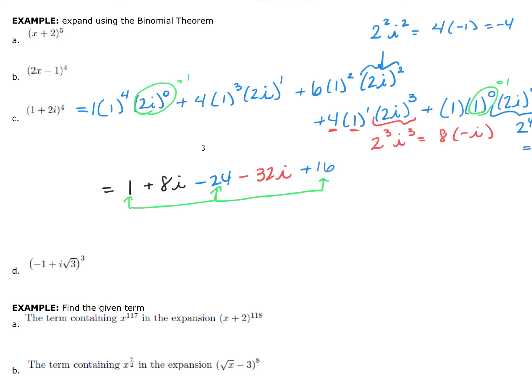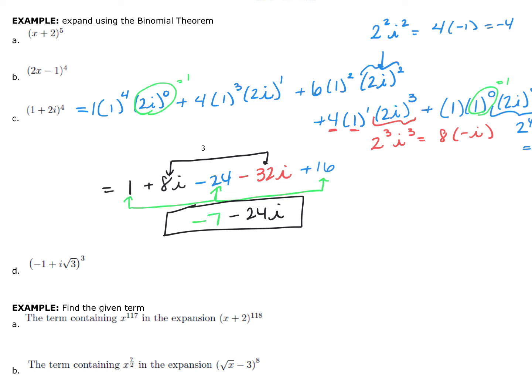Because this is a complex number, I need to write the real part plus the complex part. So 1 plus 16 minus that 24 gives me negative 7. That's my real part. My complex part is the 8i and then minus 32i, which gives me negative 24i. This is my final answer.